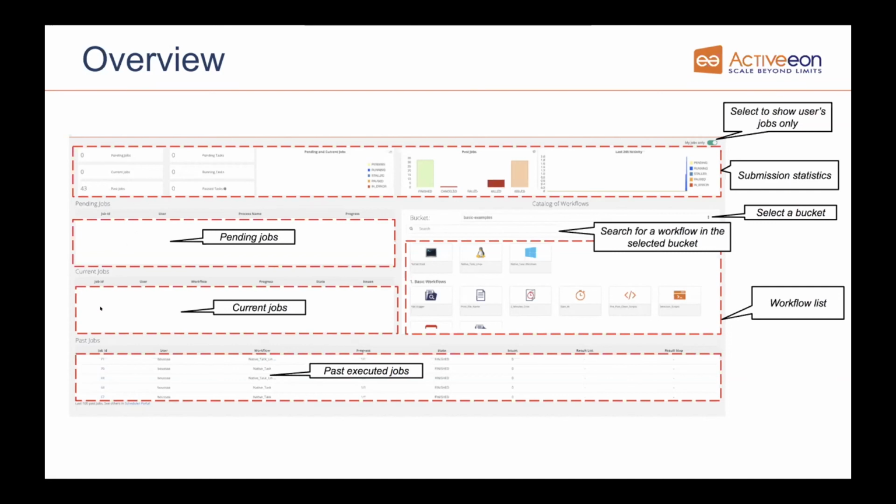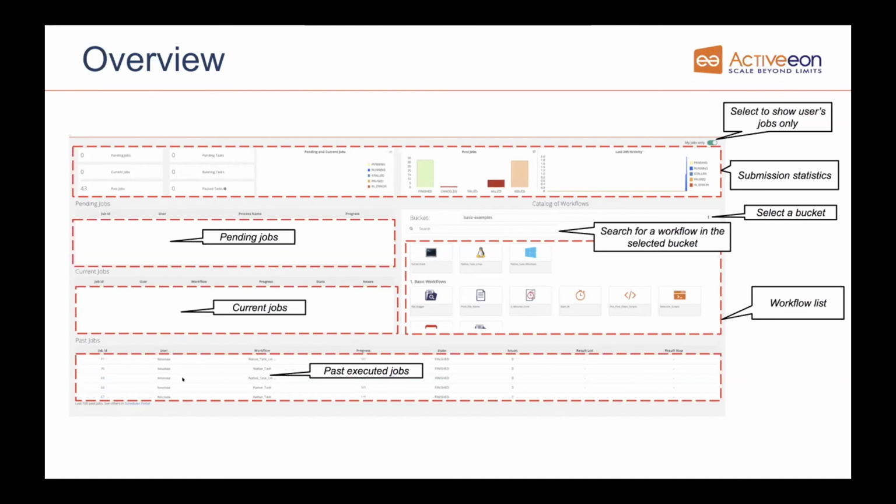The second table contains the current jobs, the jobs which are executed and distributed in the available infrastructure. Here we can see at runtime the progress of this execution and the state, if there are issues or any kind of problems.